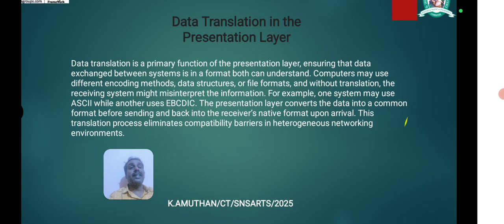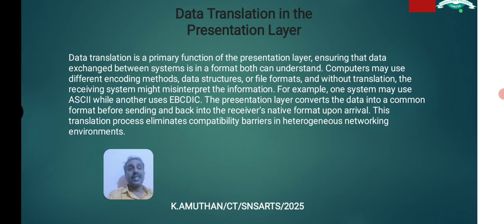The data translation in the presentation layer. What is the data translation? It is the primary function, ensuring data exchange between the systems in a format both understand. Computers may use different encoding methods, data structures, or file formats. Without translation, the receiving system might misinterpret the information.